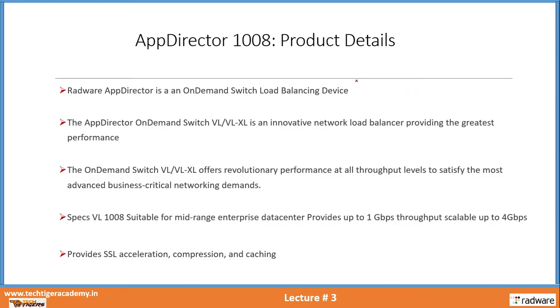App Director 1008 product details. Radware App Director is an on-demand switch. It's a load balancing device. Application delivery controller is a load balancer in a sense. The App Director on-demand switch comes in the VL series and the VL-XL series. It is an innovative network load balancer providing the greatest performance.